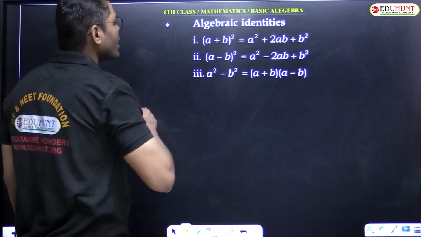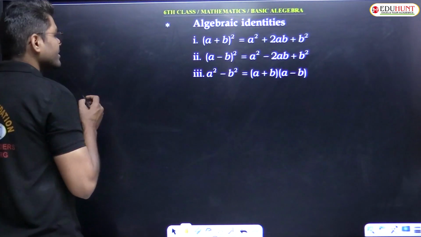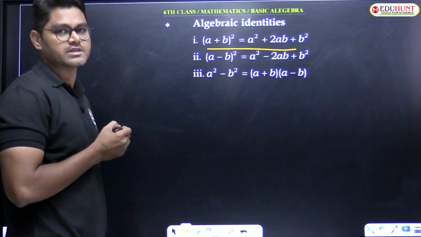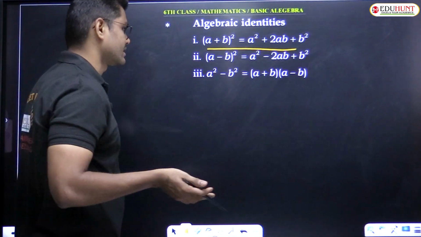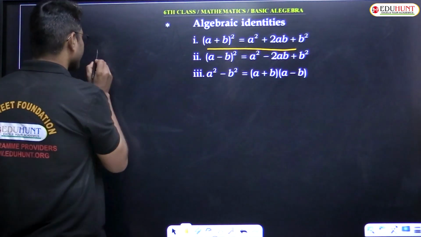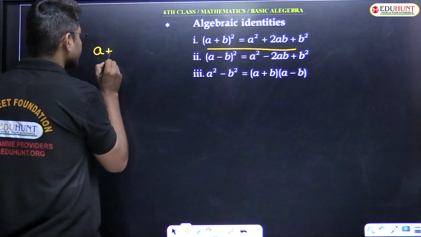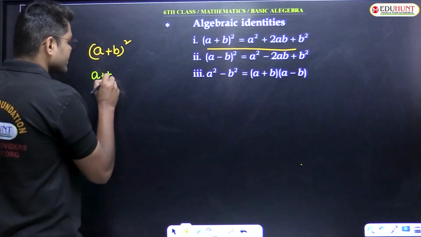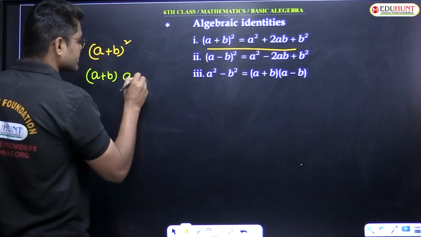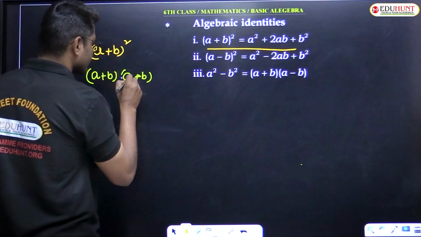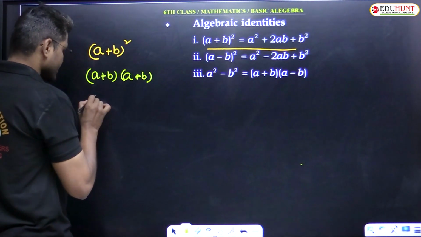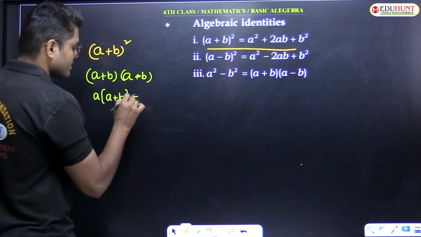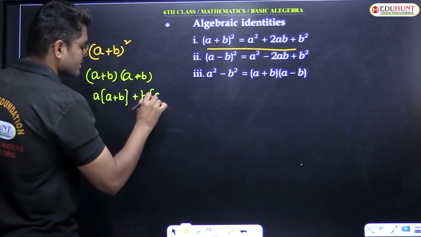Some algebraic identities. What is the a plus b whole square formula? As we know, a square plus 2ab plus b square. How do we get this? Let's see. A plus b whole square can be written as a plus b into a plus b. Now multiply a into a plus b plus b into a plus b.